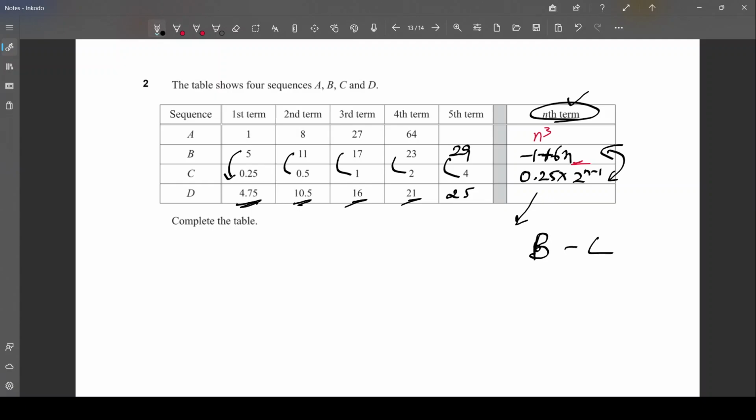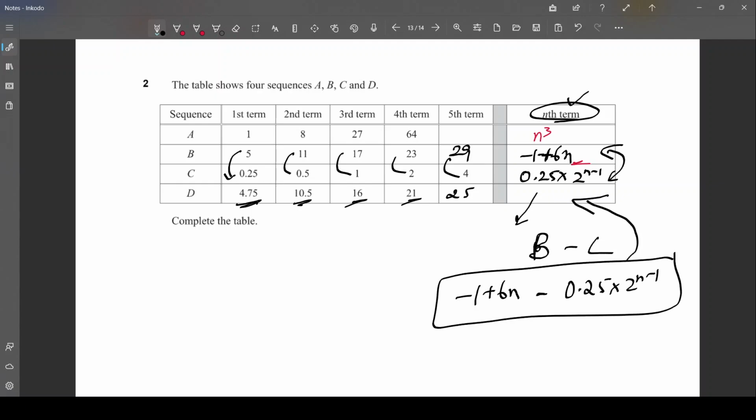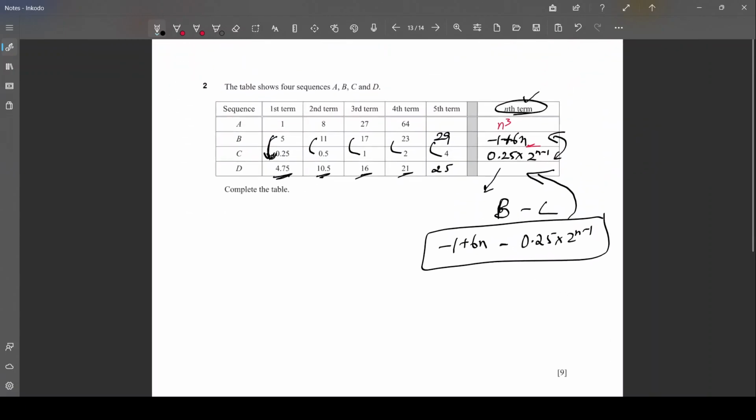So the nth term for b is minus 1 plus 6n, which I have to subtract with this one, 0.25 into 2 raised to the power n minus 1. So this will be your answer in this case. Why did I subtract? Because every term is actually b minus c, like 5 minus 0.25. So we finished this question. Let's move on.